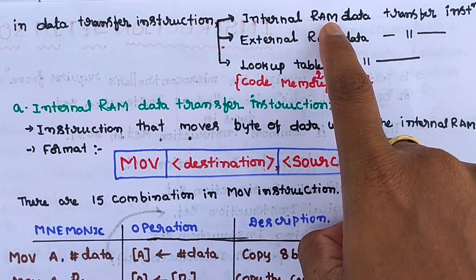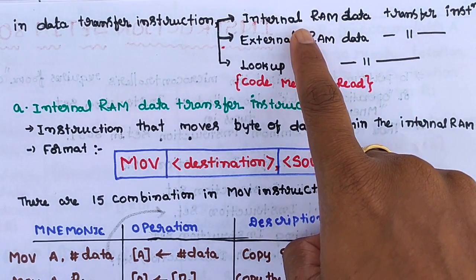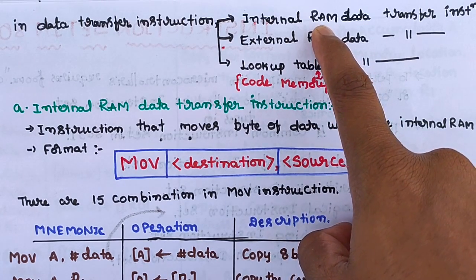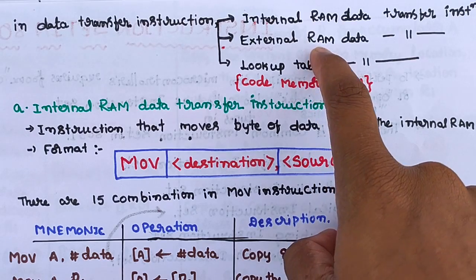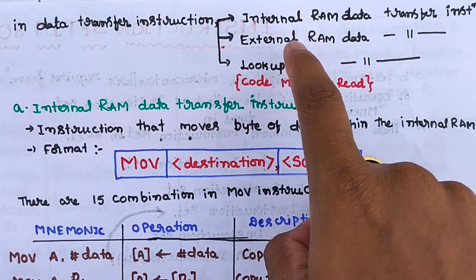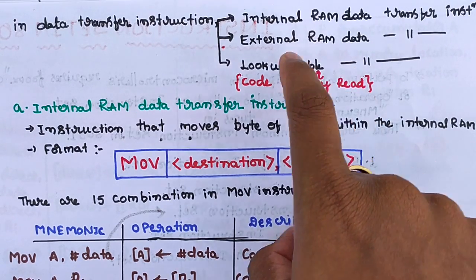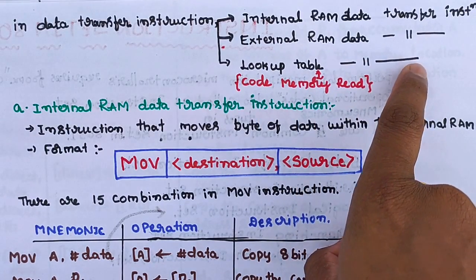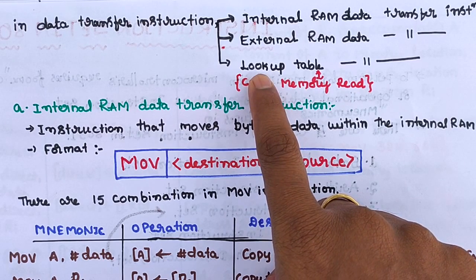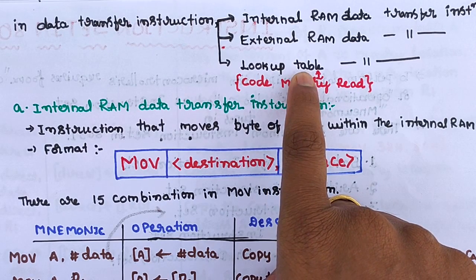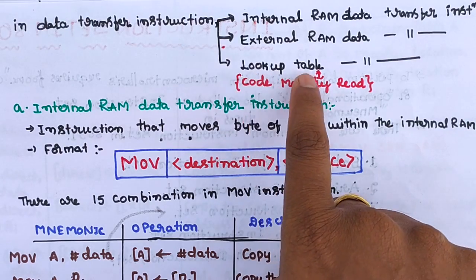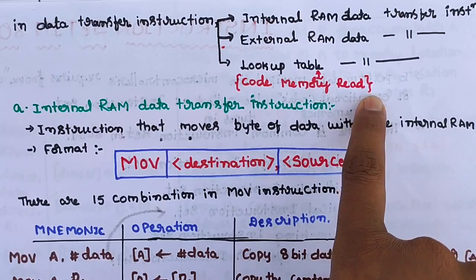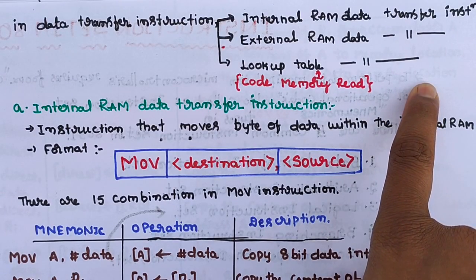Internal RAM data transfer involves data transfer within the internal RAM. In external, the data transfer is between external to internal or internal to external. The lookup table is related to ROM location data transfers. ROM locations are vectored addresses, therefore it is called a lookup table, and also the code memory read transfer instruction set.